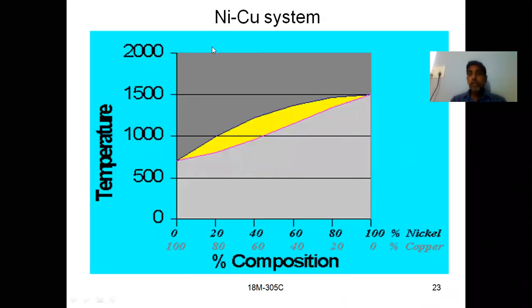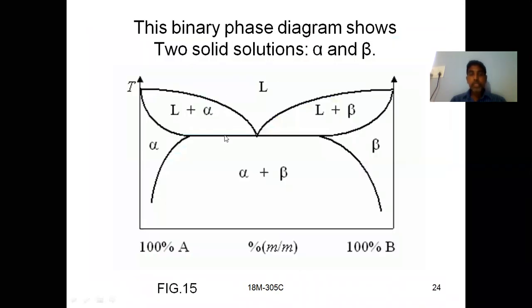See here, the nickel copper system we already discussed in the previous session, how the alloy will be. Here you have liquid and alpha, here liquid and beta, alpha plus beta, and your beta. These things we are going to learn in the iron carbon equilibrium diagram when we discuss it.